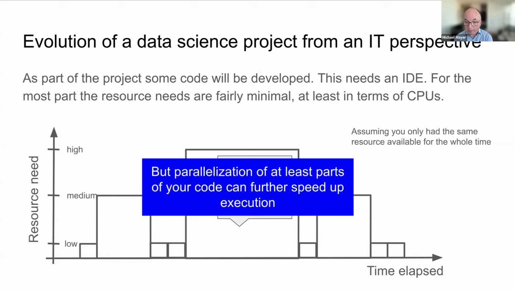However, parallelization of parts of your code can still speed up execution. And we know that as a data scientist, you don't want to spend half a year optimizing your code. You want to get scientific results. So sometimes it's also okay to use a brute-force approach and just parallelize that because you only run it once. As we all know, the world is neither black nor white. There are different shades of gray, as always.